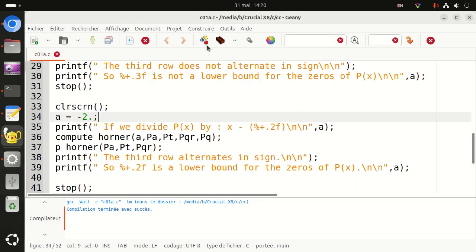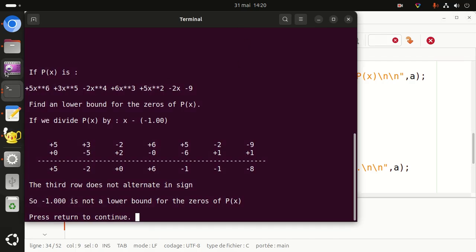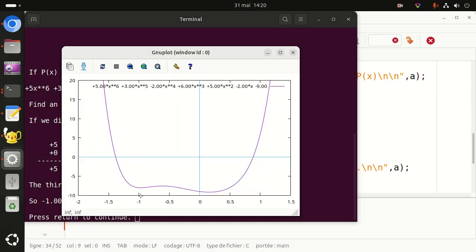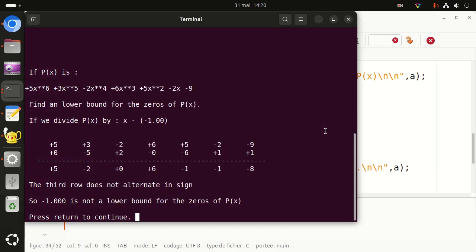Now I try this example in C language. You can find here the polynomial. First I have chosen minus 1. Minus 1 is not a good value, because on the left there is a root, and the first row does not alternate in sign.